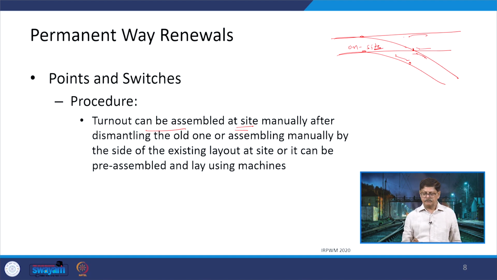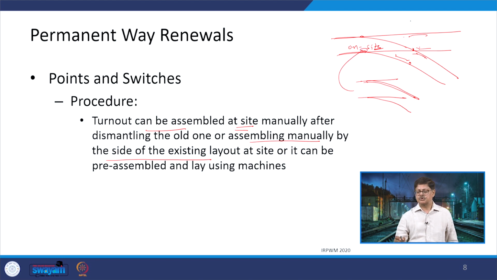The other option can be assembling manually by the side of the existing layout. That means this is already there, and we start assembling it here. There is a stock rail, then we put the turnout rail like this. So, this is assembled here, and then finally it is going to be placed on this side.